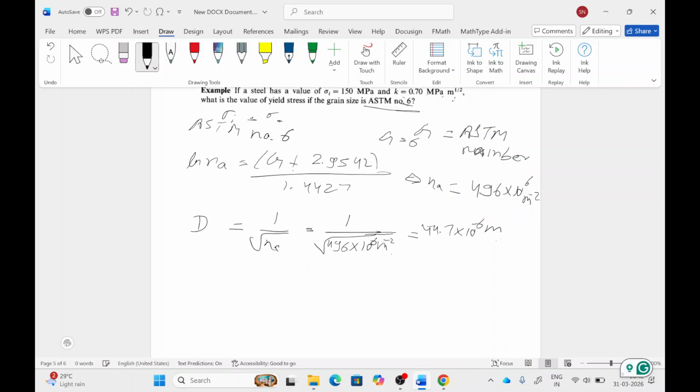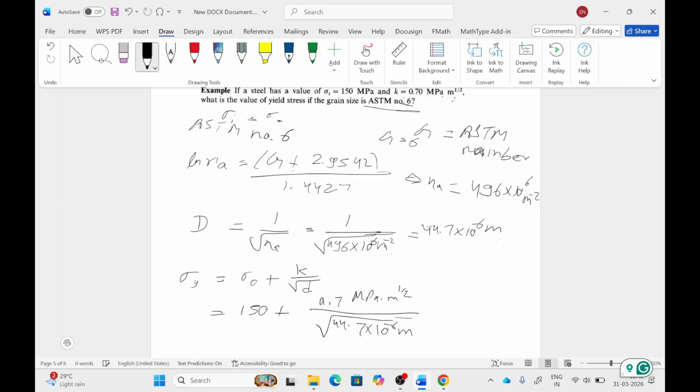So now we can use the Hall-Petch equation. Sigma naught is 150 plus K, which is 0.7 MPa root meter, divided by root of this 44.7 into 10 raised to power minus 6 meter.